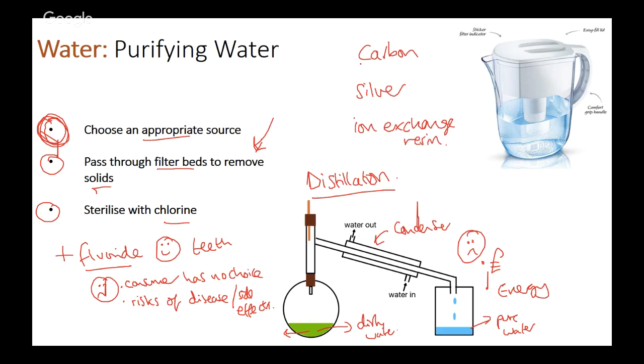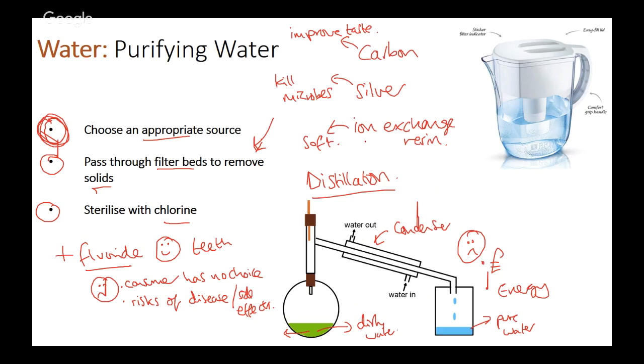The carbon will generally improve the taste of the water by removing lots of the extra little bits of solid matter that you don't want in there. Silver is really useful because it will help to kill any microbes as well. And the ion exchange resin will cause the water to go soft, so it will remove any of the ions in there that are causing it to go hard.